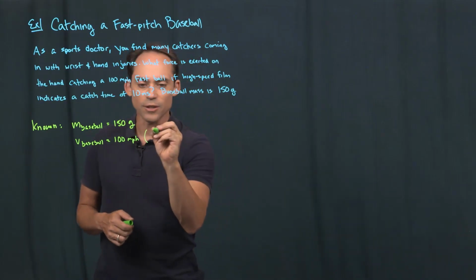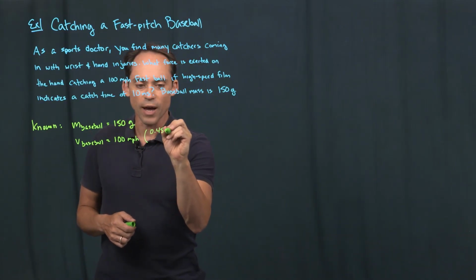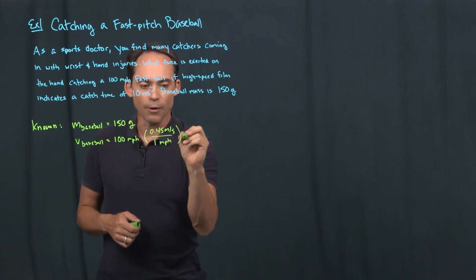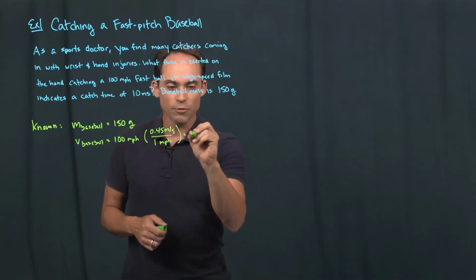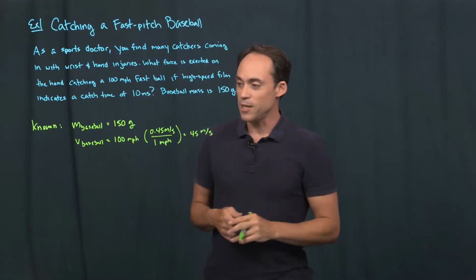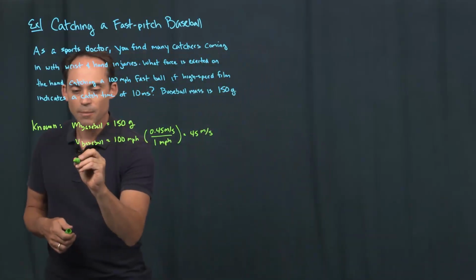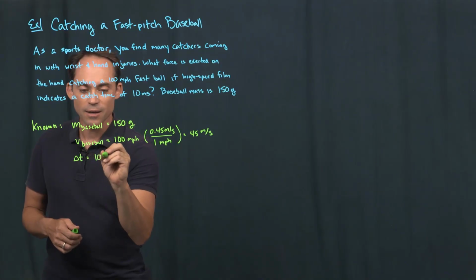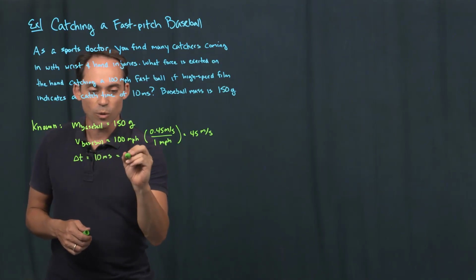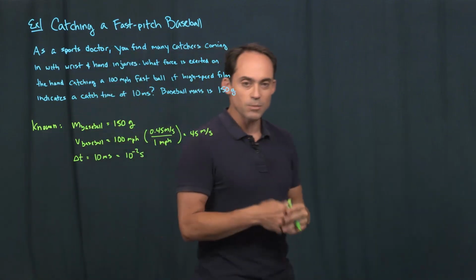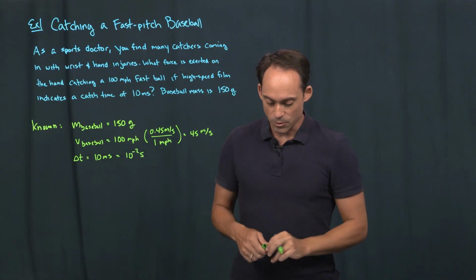The conversion factor is 0.45 meters per second per 1 mile per hour, and so that equals 45 meters per second for our initial baseball speed. Then we're also given the time of the momentum change as 10 milliseconds, or 10 to the minus 2 seconds. That's going to be important when we write down our momentum-impulse relation.